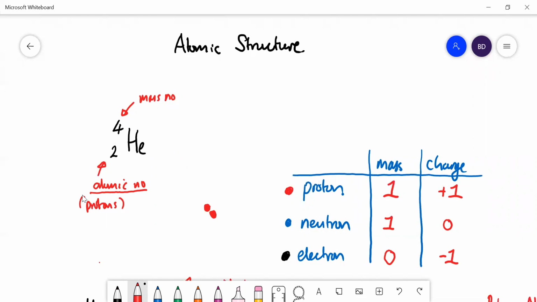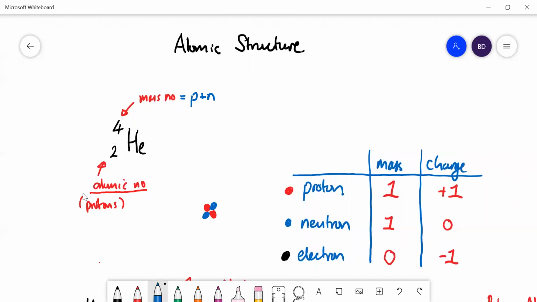And the number of neutrons is given by this top number here. Well, that's not the number of neutrons. The mass number is equal to the number of protons plus the number of neutrons. So if there's 2 protons in the case of helium, 4 minus 2, there must be 2 neutrons. So that is the nucleus of a helium atom.